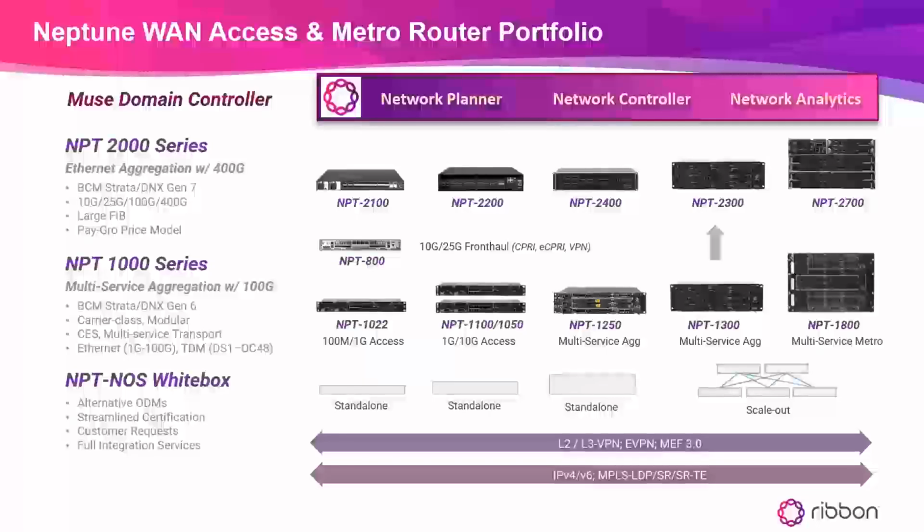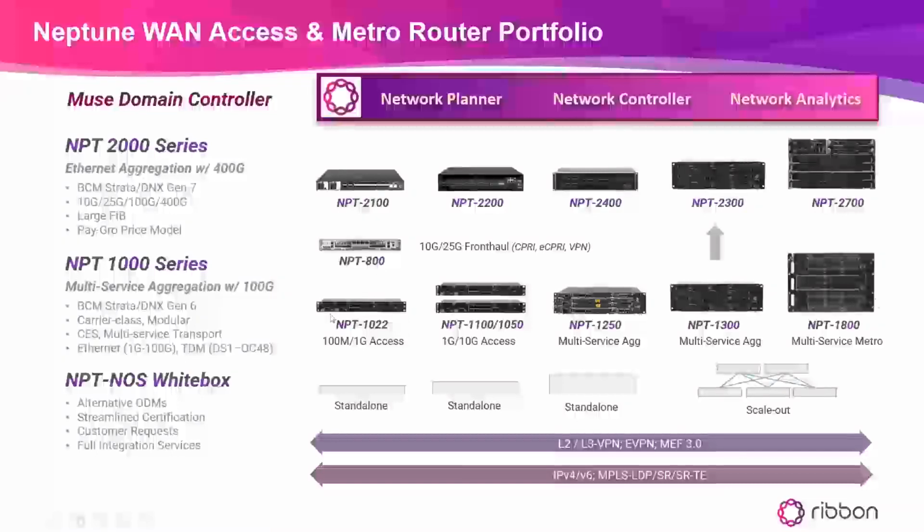So just briefly, these are the shelves that we use. There are others out there, of course, but these are the shelves that we use to deploy these technologies. Our switching and routing platform is called Neptune. What is available today is the Neptune 1000 series right here. Coming shortly is the 2000 series, which is an additive product line.